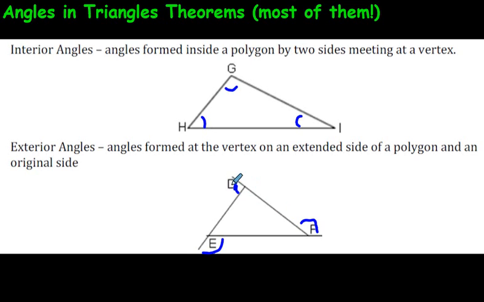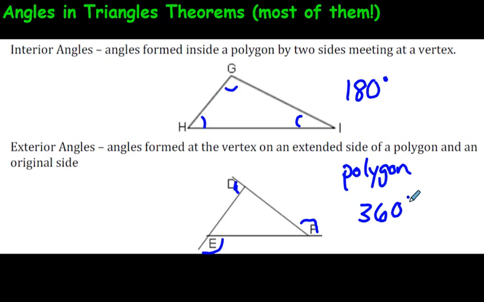And we're going to talk about this soon, that these three interior angles of a triangle always add up to 180 degrees, and in any polygon, the exterior angles will always add up to 360 degrees.